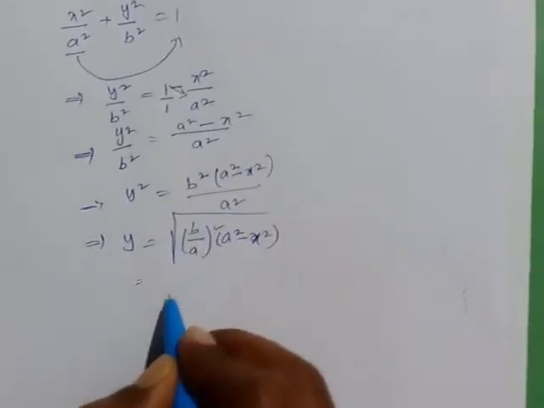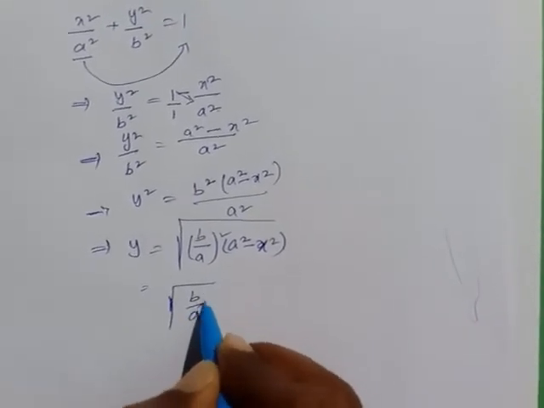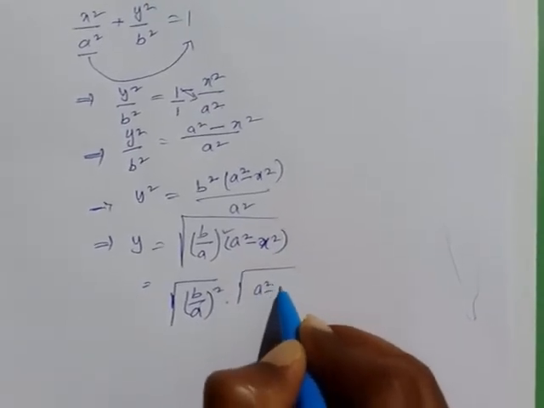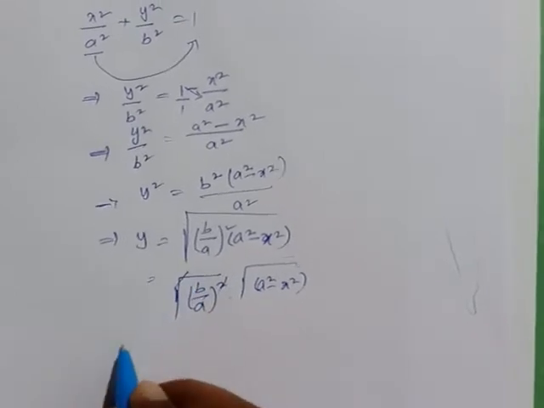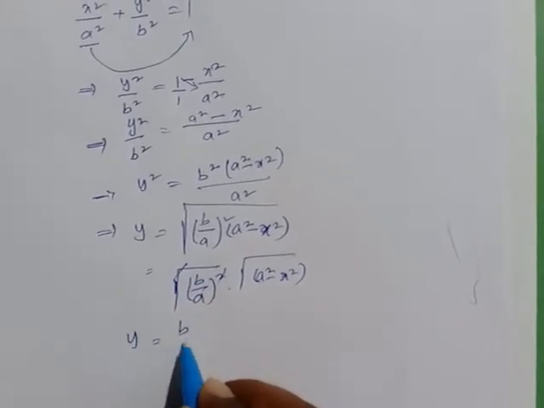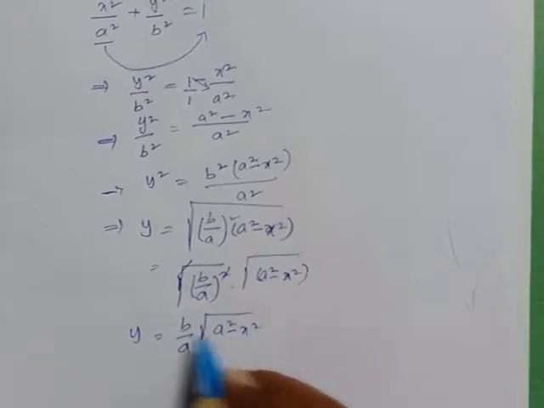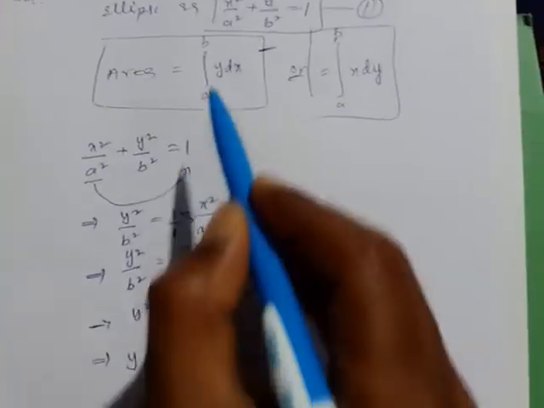Now split the power value here, under root b by a whole square into under root a square minus x square. The power and root get cancelled. This is y is equal to b by a into under root a square minus x square. This is the y value.